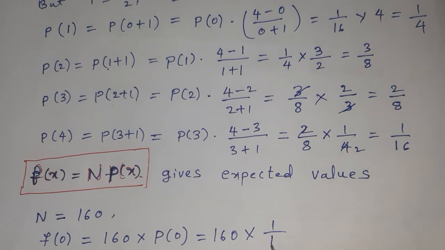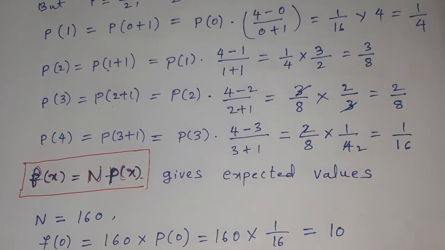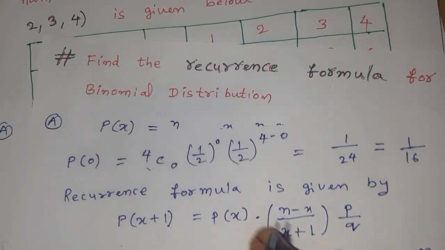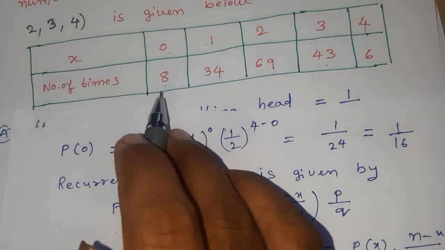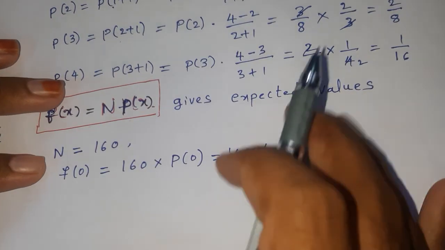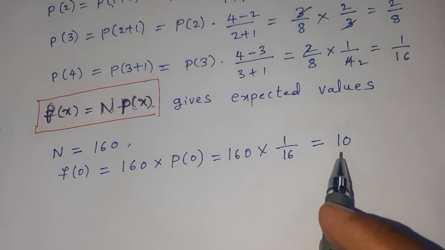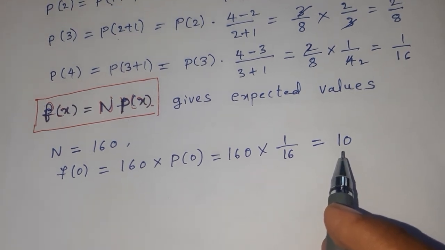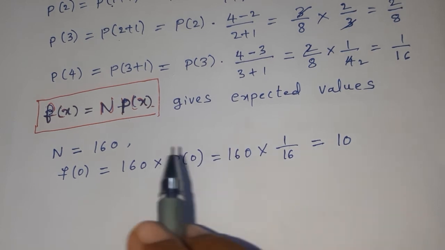Therefore 1 by 16 of 160 is 10 times. When we performed the random experiment, there were 8 cases with no heads, but we are expecting 10, almost close to the real value. Among 160 trials there may be 10 times having 0 heads.